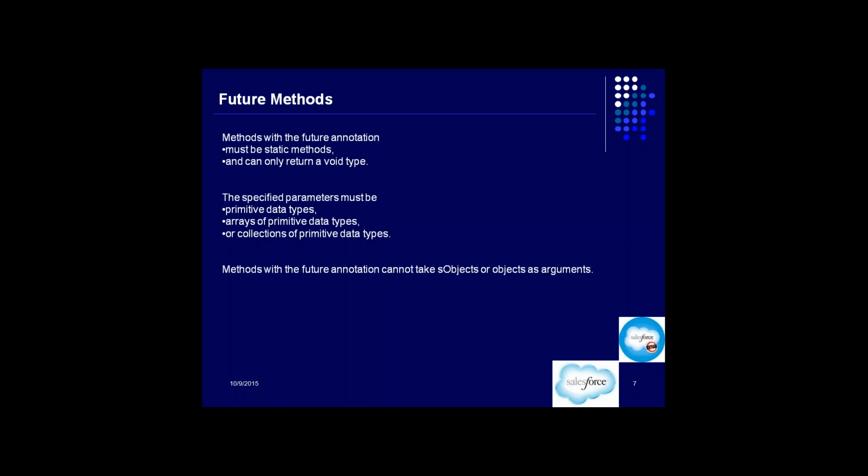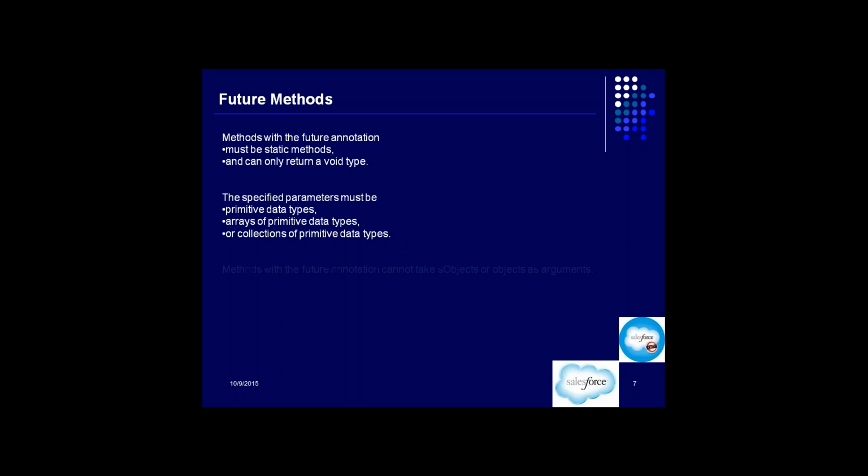And if you have to specify any parameter into that method, that parameter has to be a primitive data type, an array of primitive data type, or a collection of primitive data type. Nothing else apart from that. So it cannot take an sObject as a parameter. It can only take primitives as parameters.